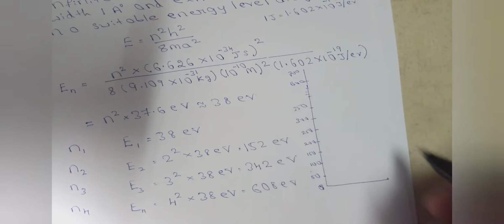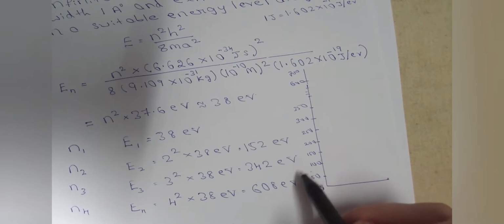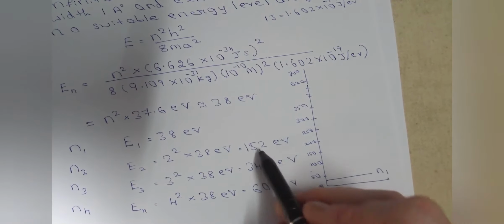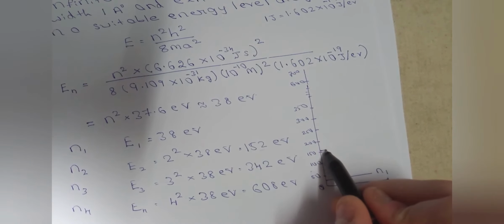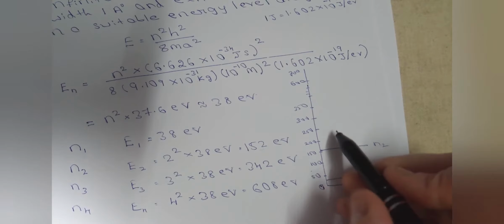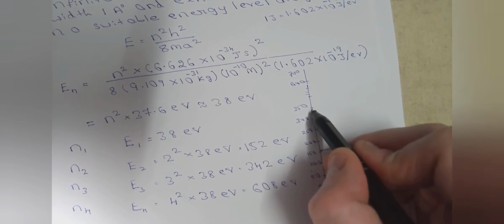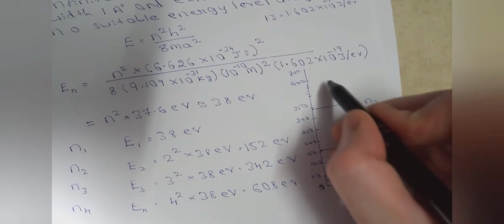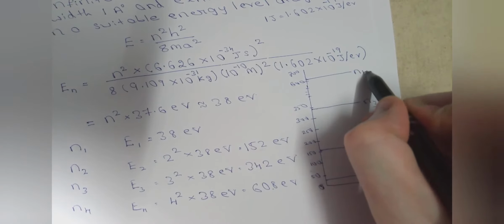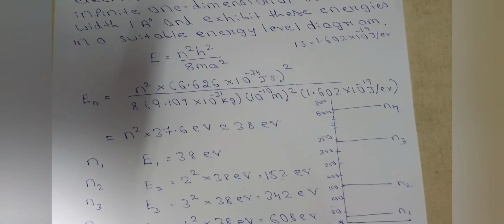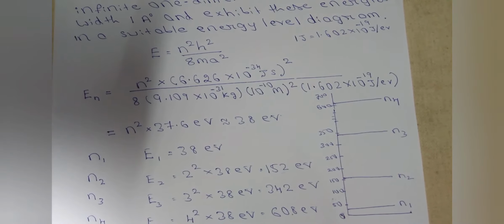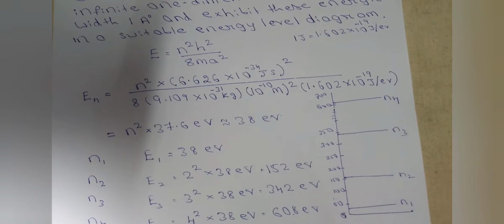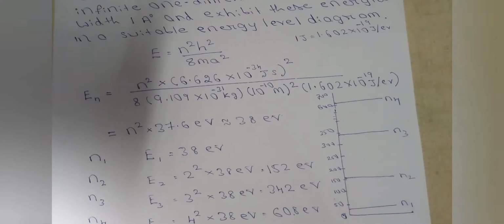Our first value is 38 electron volt, so this is our n1, and the second value is 152, 150 is here, so this is n2, and the third value is 342, which will come somewhere here, so this is our n3, and the last one is 608, this is our n4. So this is the problem which we have solved. We have found the different energies when an electron is constrained to move within a box of 1 angstrom.